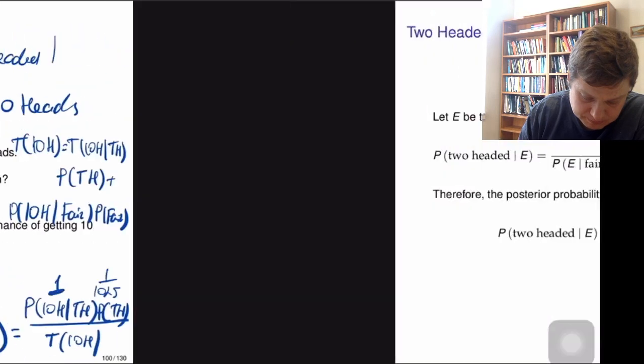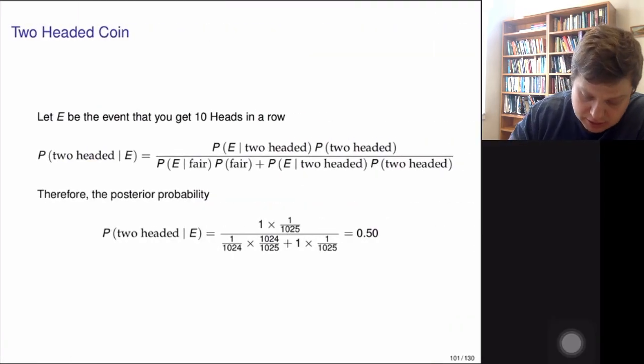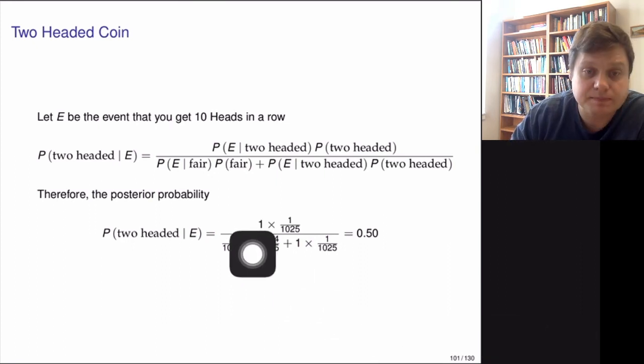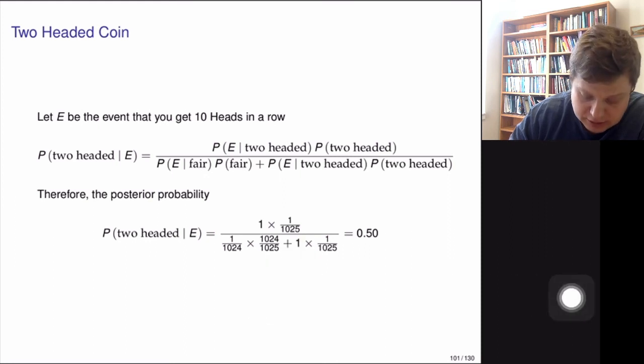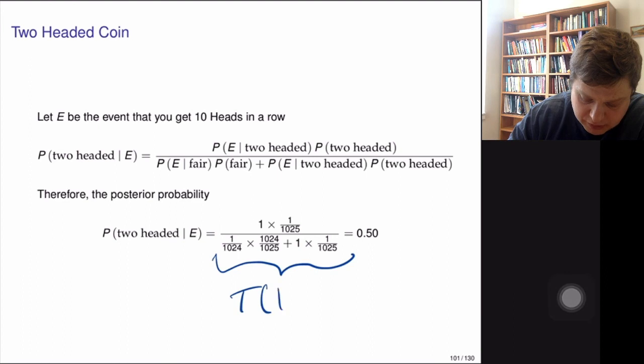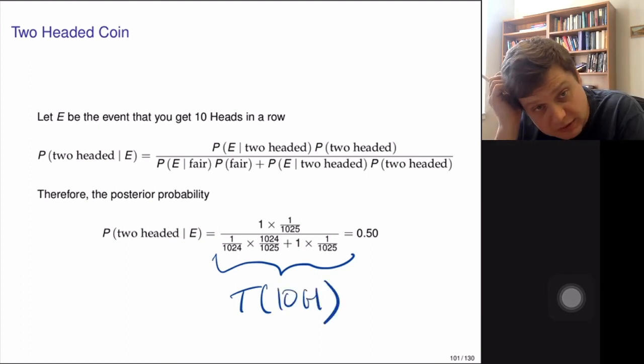Yeah, so here are the calculations, right? That's the probability of observing 10 heads, given that it's a two-headed coin, times the prior probability of picking a two-headed coin, and this is the total probability of observing 10 heads. If you work out the probabilities, you get a 50-50 chance.